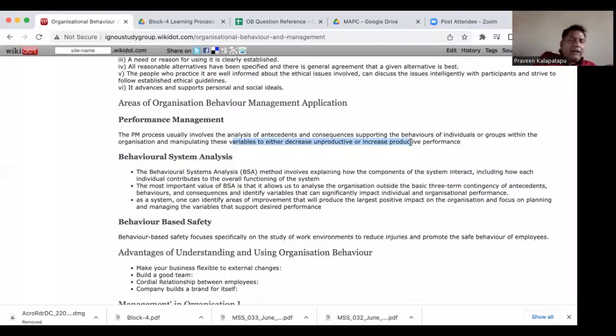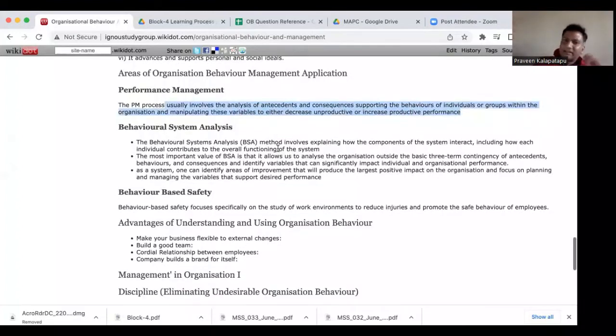If he is not able to solve a particular problem, why? Maybe he does not have the skills. So let me put a reward in his performance saying that if in the next 6 months you complete such and such certification, you will get a bonus, something like that, right? So you're managing his performance by identifying the root cause and addressing those root causes by reinforcing them. So performance management is one technique.